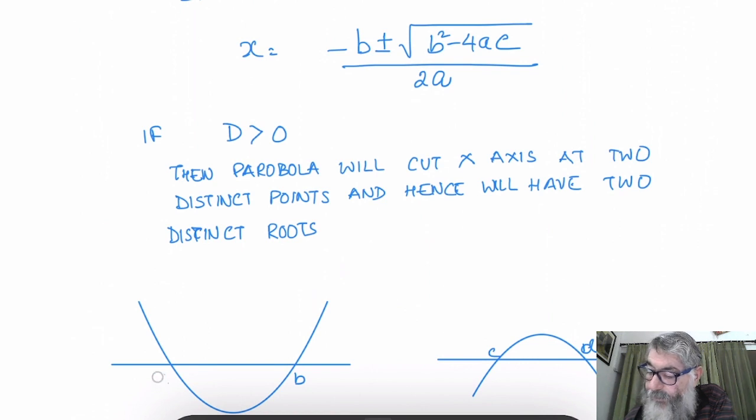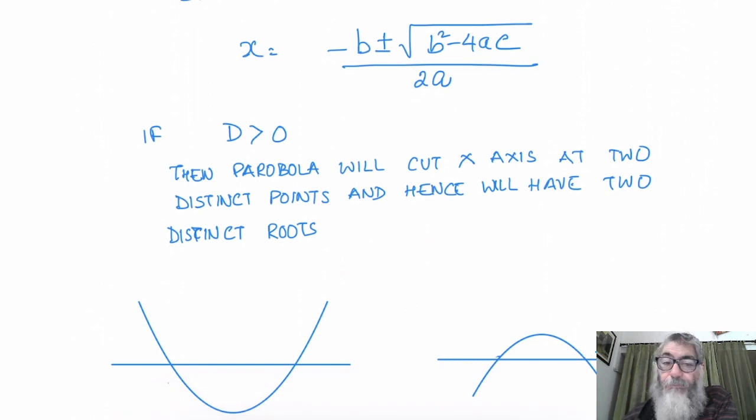Let's take something else, like I had taken earlier, x1, x2, x3, x4. There are two possibilities. If it is opening upward, then x1 and x2 are roots for this particular graph.